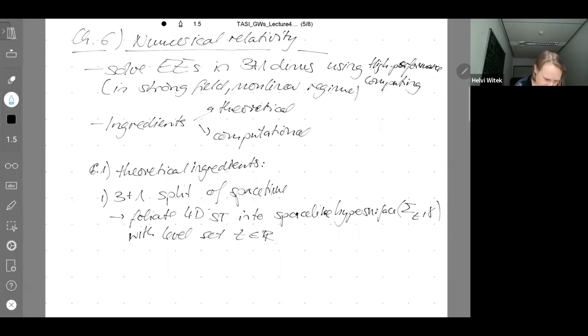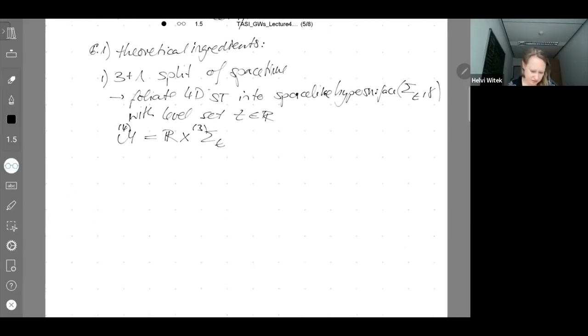parameter t. Okay, so in other words, if I call my space-time manifold curly M, let me put the 4 here to make it different from our chirp mass, that would be foliated into the real numbers times our 3-dimensional hypersurfaces. Okay, so if I were to sketch this, we would get the following picture.